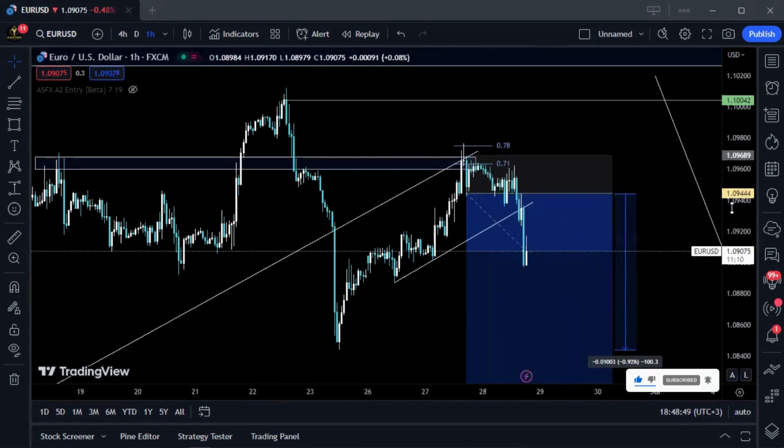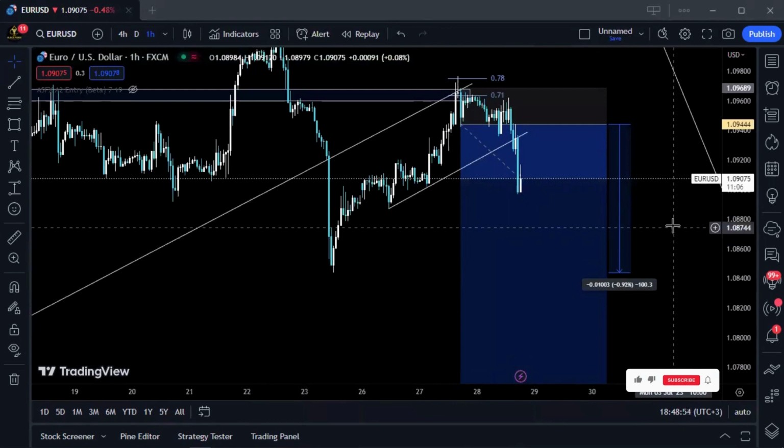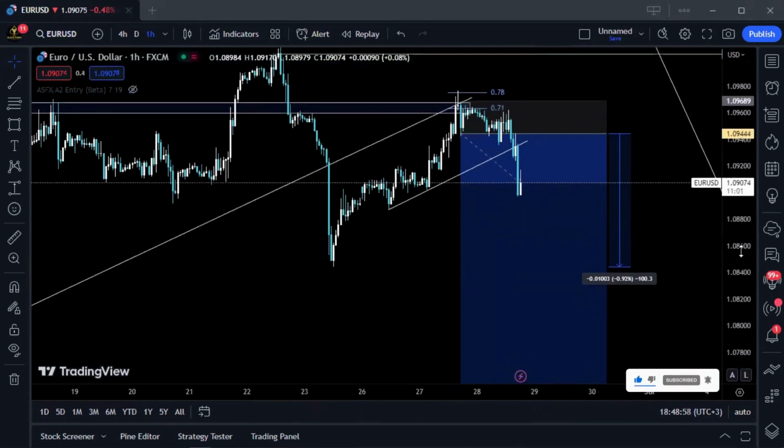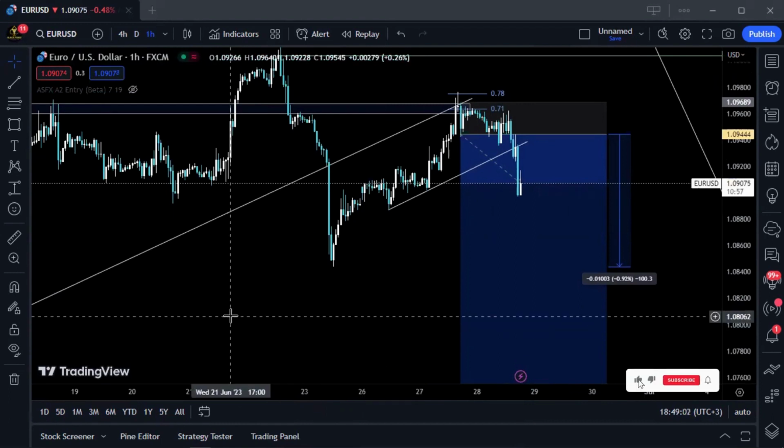So I'm anticipating to hold this trade for a very long time, probably for the rest of the week. I always close my trades in the middle of the day, but I haven't gotten a trade this week. Opportunities are very hard to come by this week since last week, so I'm not going to fumble the opportunity that is right in front of me.